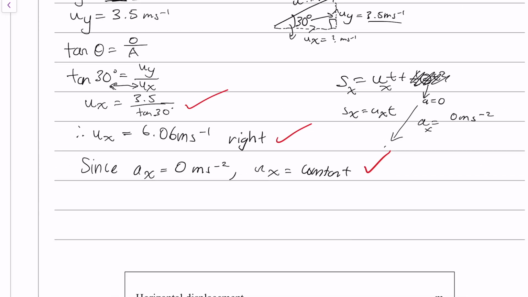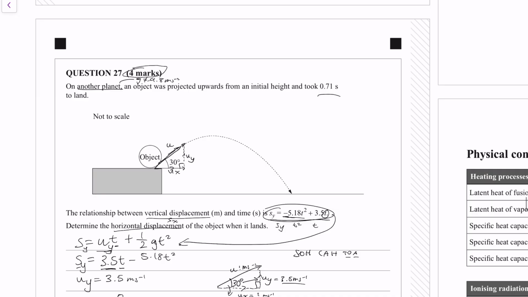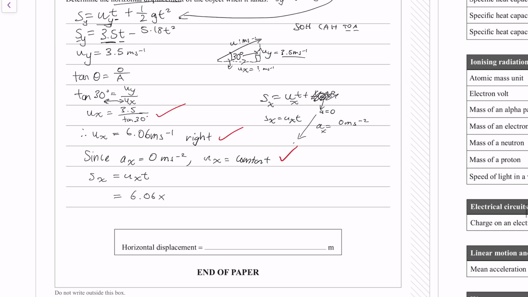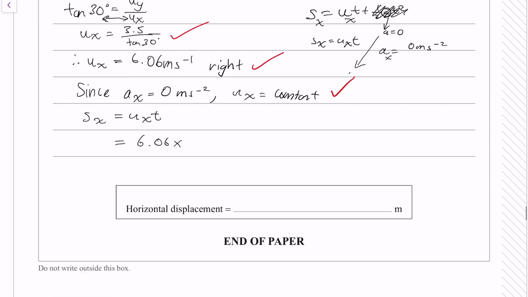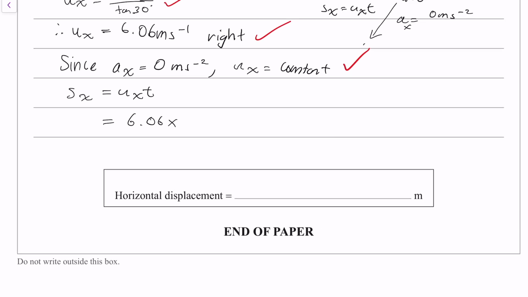Alright, so therefore sx equals uxt, okay, as I mentioned, and that's going to be equal to 6.06 times my time, which is given, so another fact, 0.71 seconds. So you can go between the 5 f's, but make sure you don't forget them or make silly mistakes.